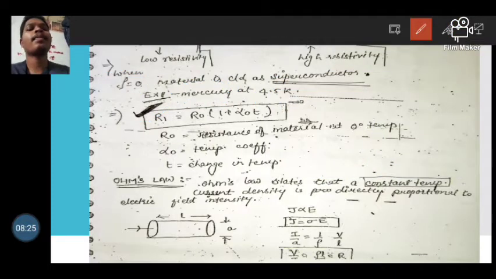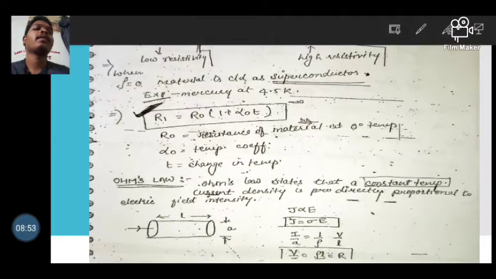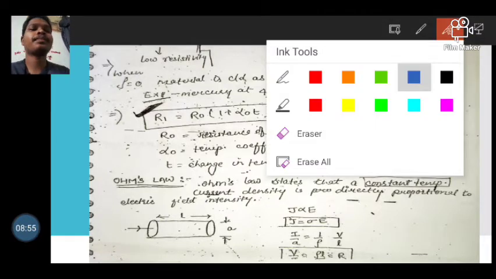So one important formula is R1 is equal to R0 into 1 plus alpha 0 T. Here alpha 0 is the temperature coefficient, T is the change in temperature, and R0 is the resistance of the material at 0 degree temperature. So for a change in temperature, the resistance will be R1 is equal to R0 into 1 plus alpha 0, the temperature coefficient, into T, the change in temperature. Please remember all those things.